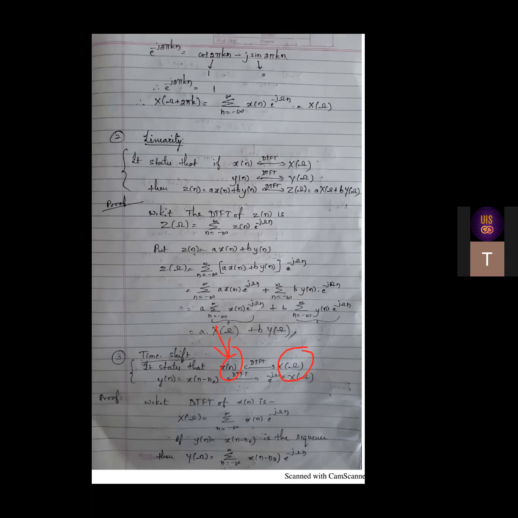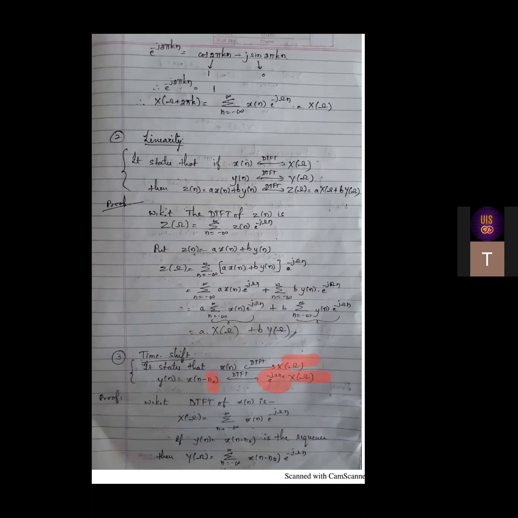So if there is a shift in the time of the input sequence, that is x of n is shifted by n naught amount of times, x of n minus n naught, then what will happen to its Fourier transform? So the Fourier transform x of omega, it will be multiplied by some exponential factor e to the power of minus j omega n naught.